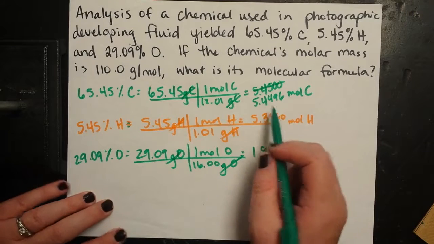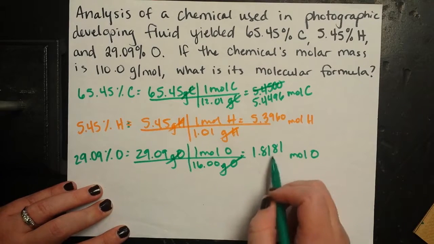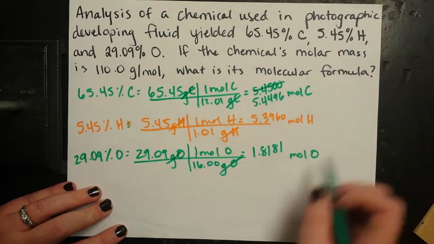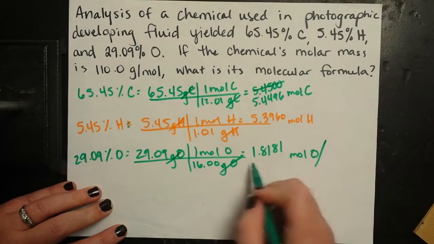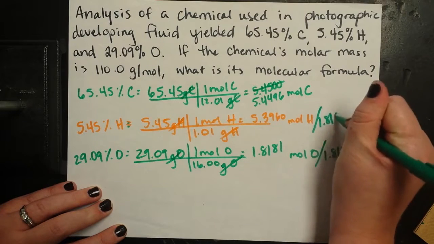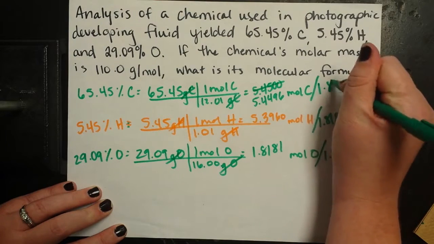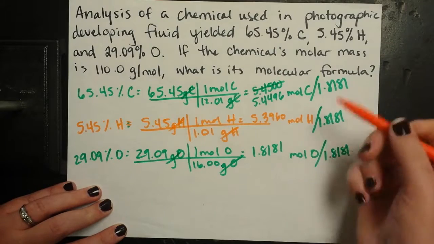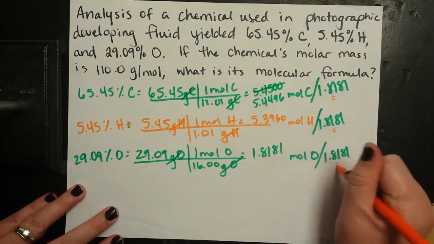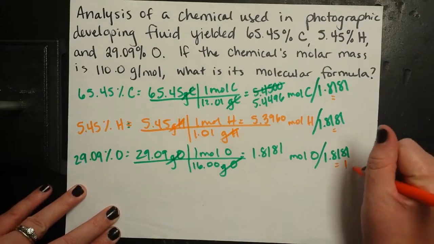All right. Again, I'm going to divide by the least number of moles so that way I can get their ratio to each other. So I'm going to divide everything by 1.8181. Okay, I'm going to use orange just so that you can see everything. I know this is just going to give me 1 mole of oxygen.